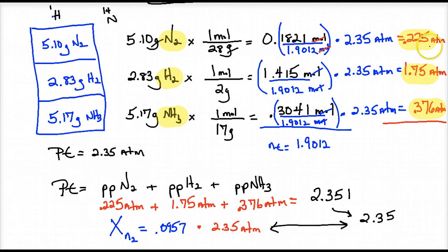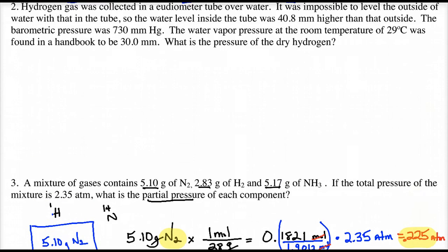So the individual partial pressures equal the total. And that's an application of Dalton's Law of partial pressures. Now the reason I'm a little bit off here is because of how I rounded through this problem. Okay, so that's the two questions in their entirety.